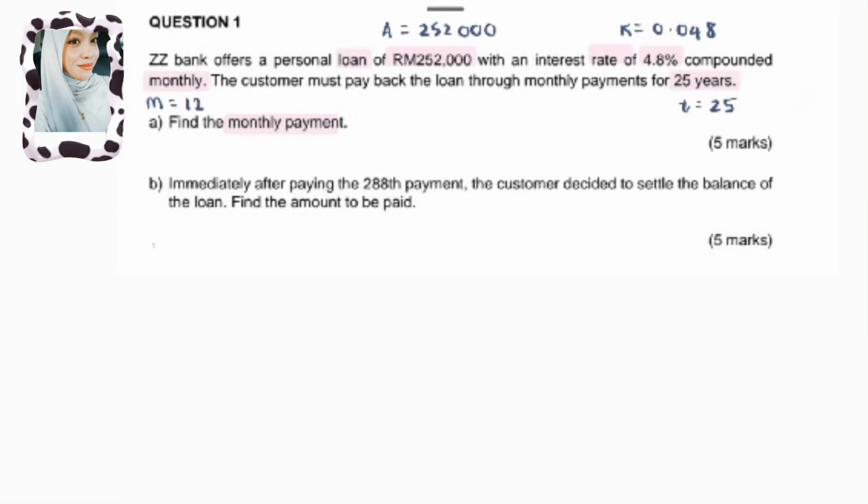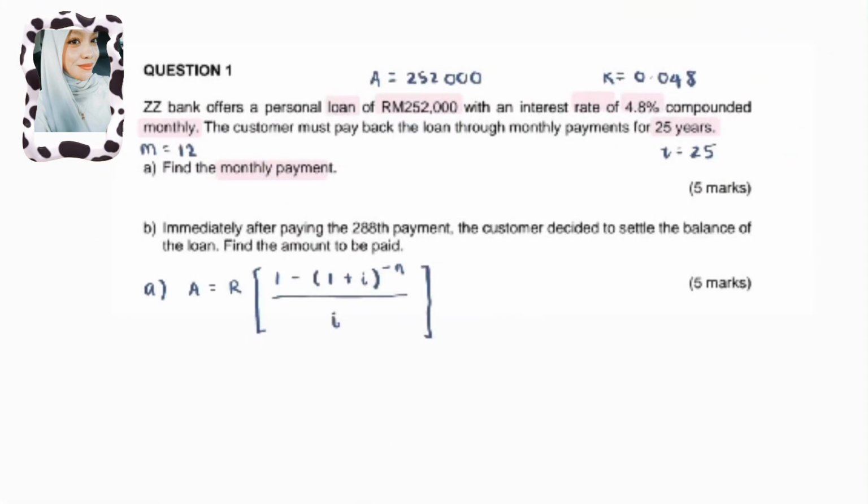For the first question, we will use the formula A equals R in the bracket of 1 minus 1 plus I with the power of negative n, over I. We will substitute all of the values inside the formula.